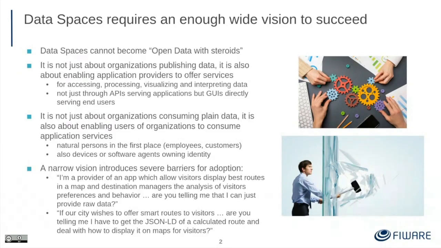So in a FIWARE data space, natural persons are essentially first-class citizens. You have natural persons interacting in a data space. You have devices or software agents that can interact in a data space, and they can do this with their own identity. They get empowered by the organization to do so, but they can act even independently from the organization, but still under the whole governance framework of the data space.